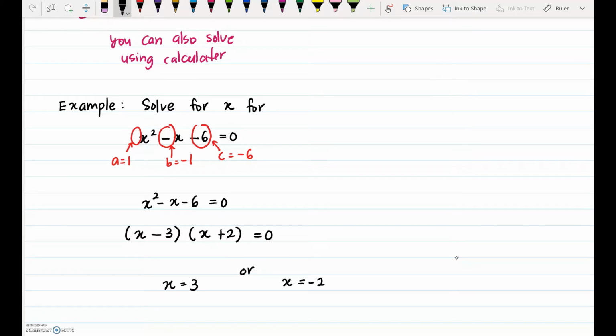Don't forget your equals to 0. From here we get x minus 3 equals to 0, and that's why you will get your x equals to 3. And another one, awak akan dapat x plus 2 equals to 0, and then you will get x equals to negative 2. So this one is using factoring.